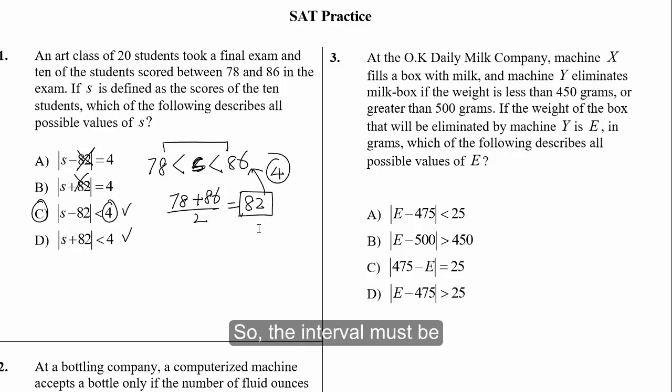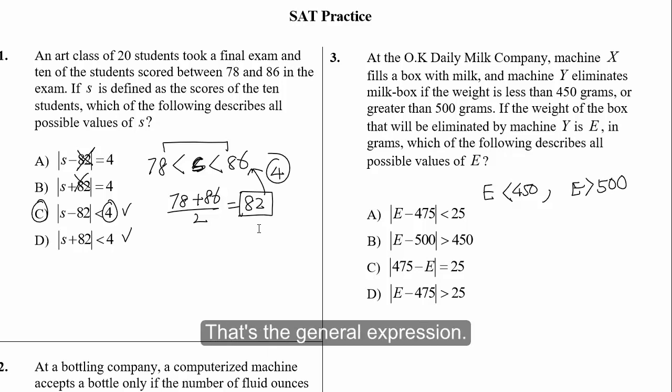So the interval must be E is less than 450 or E is greater than 500, right? That's the general expression. Now find the midpoint.